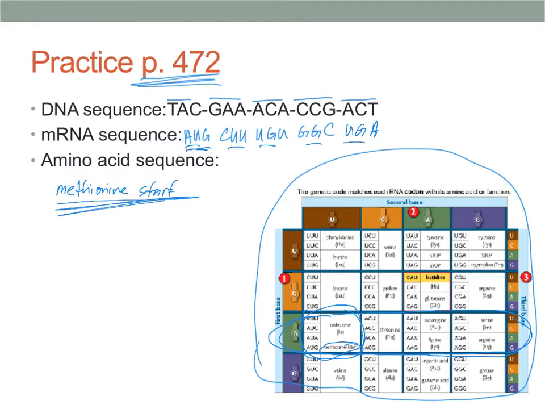Okay, so second one, we're going to go to CUU. So C, we are in this row. U puts us in this column. And U gives us this one, which is the amino acid leucine.